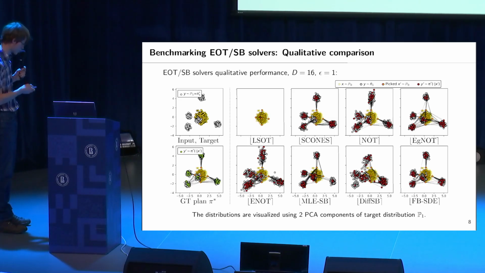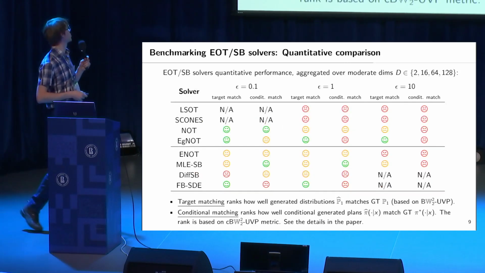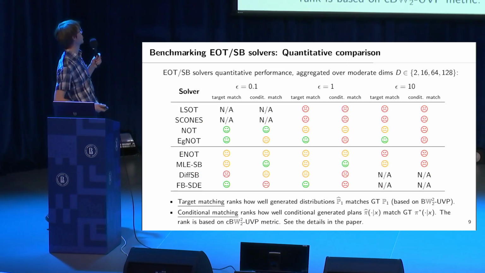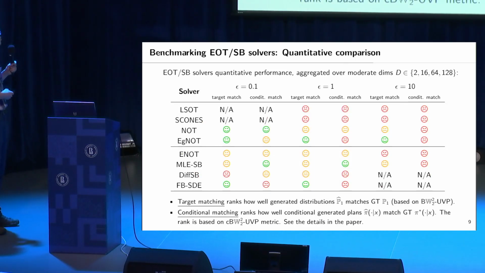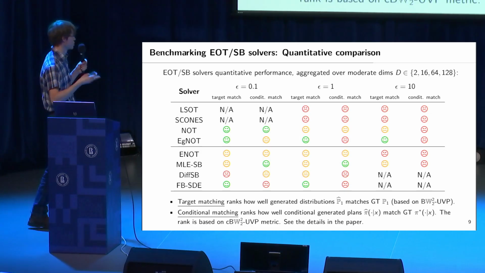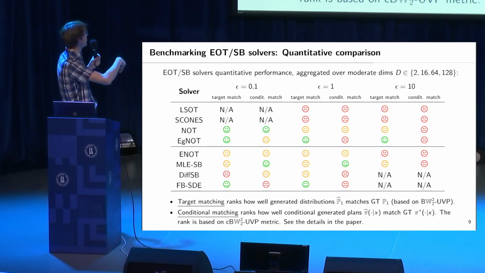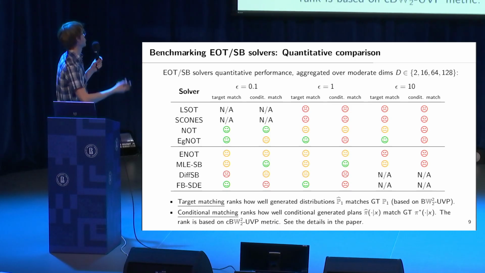This slide demonstrates a quantitative comparison of different solvers. So here we just consider different dimensions, and for each of the dimensions we construct benchmark pairs and aggregate the obtained results for different solvers.